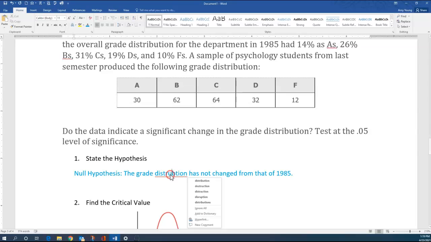Okay, so because we don't have even distribution, we can't say that all the grades are evenly distributed. We refer back to the percentages that it gave us for each of those grade distributions.